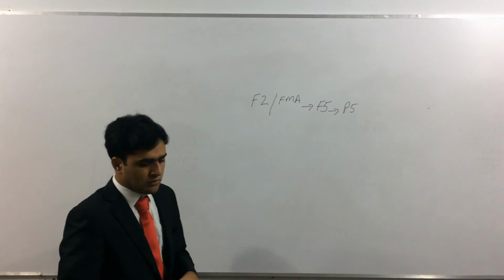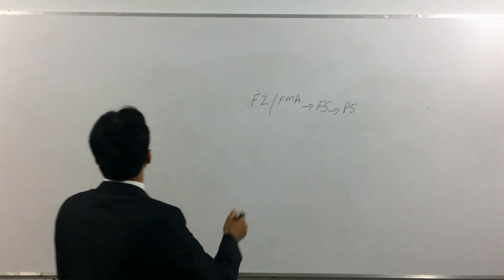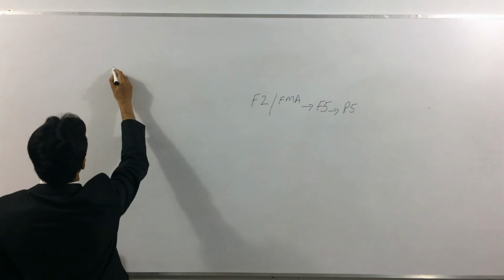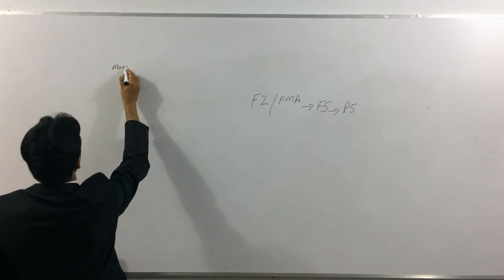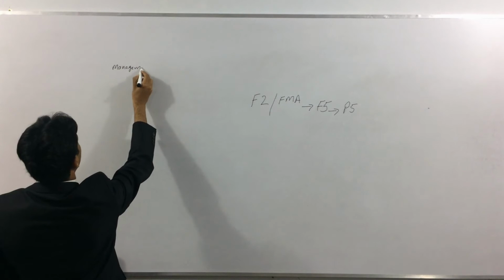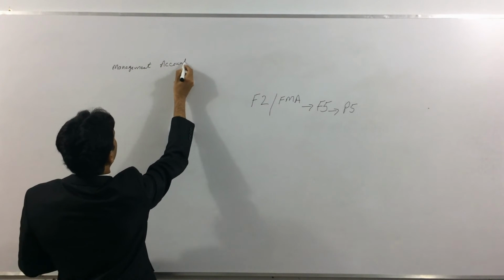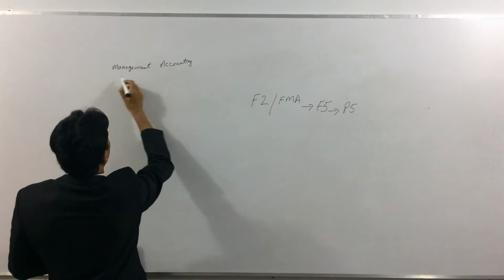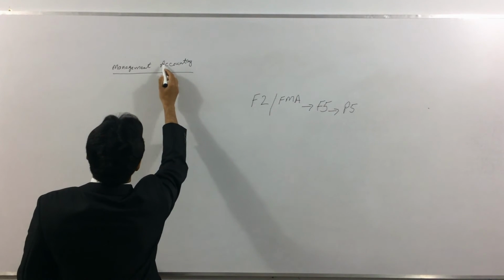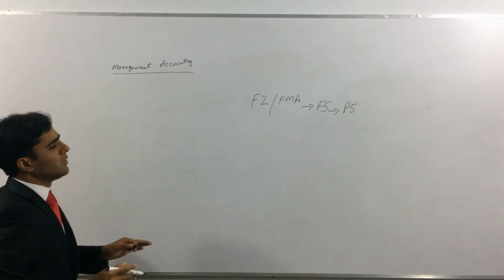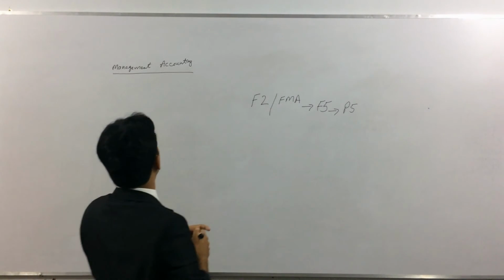Right? So shall we talk about the syllabus template? Now the F2 paper is called management accounting, as I said. Although its name is management accounting, I am saying again and again because you must know the difference between cost and management accounting.